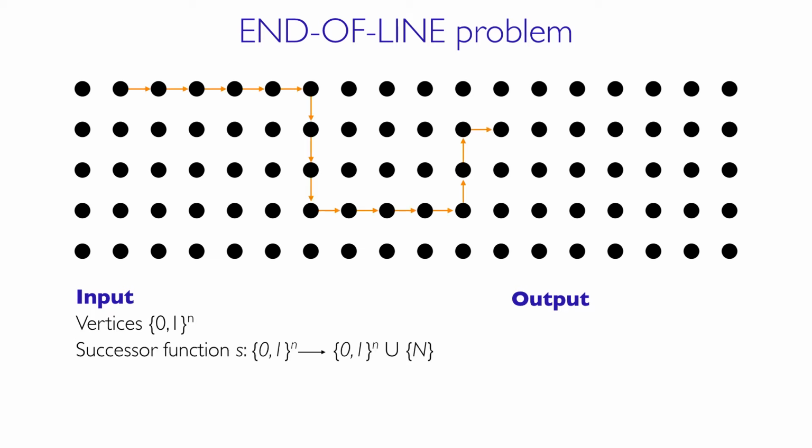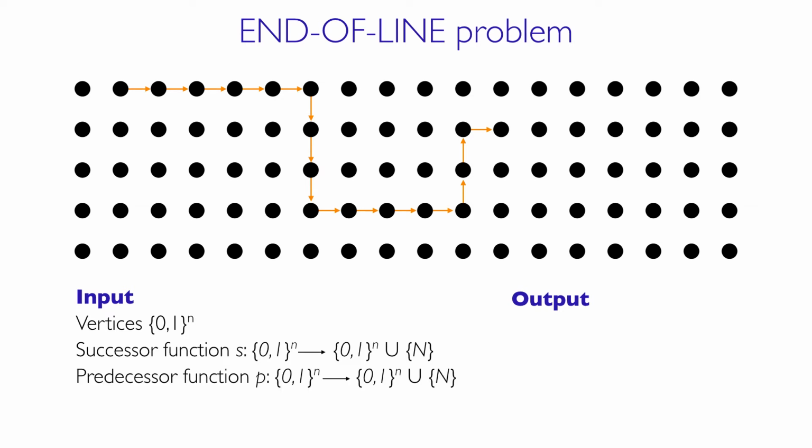Second, a successor function s that, given a vertex, returns the unique successor if it exists, or n if the vertex has no successor. Function s is computable in polynomial time.